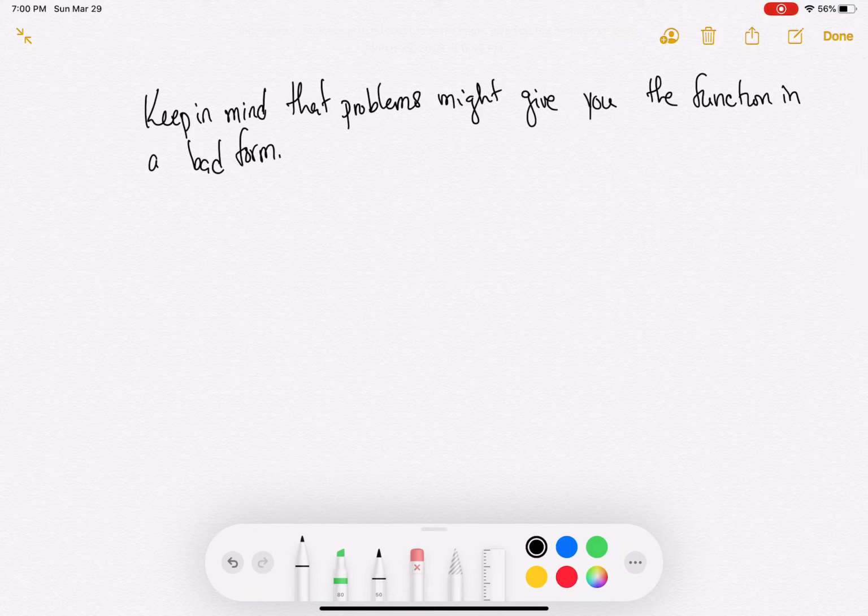What I mean by this is it helps a lot to simplify the function before you try to integrate it.